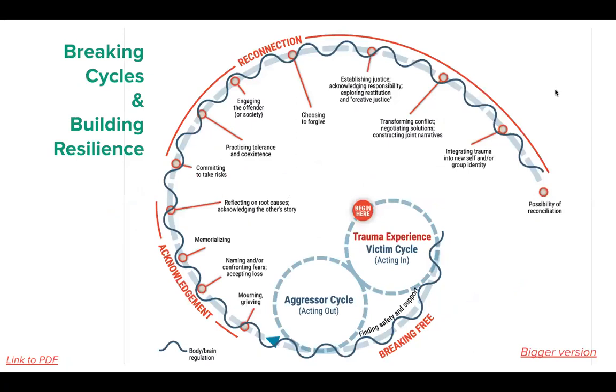And so the solution, not the solution, but there is hope, and you're not always stuck in that forever. Being able to find safety, support, breaking free, stabilizing a bit, you're then able to start spiraling out of that death spiral, right? And so the idea is you're able to reconnect and intentionally build relationships, and rebuild your relationship with yourself as well.